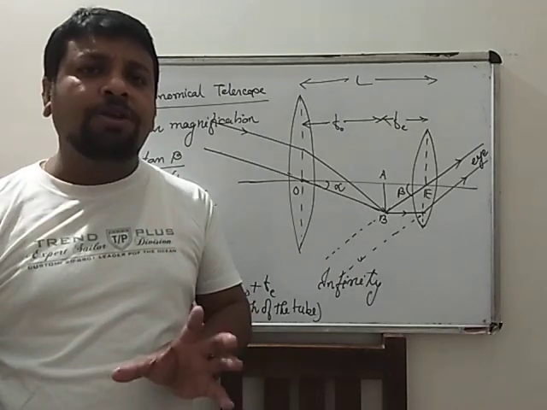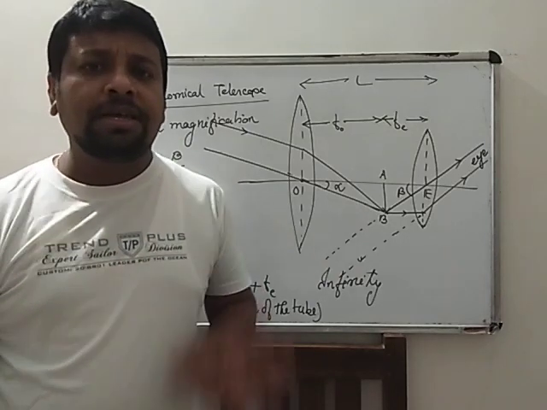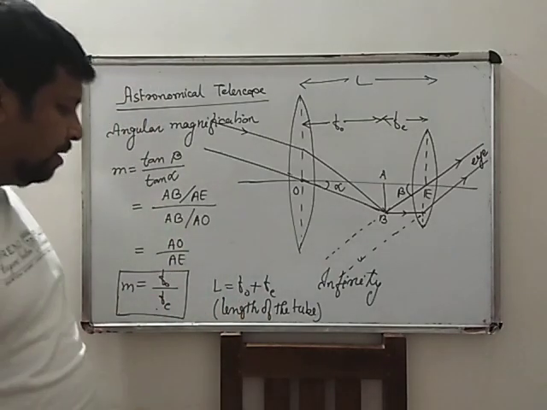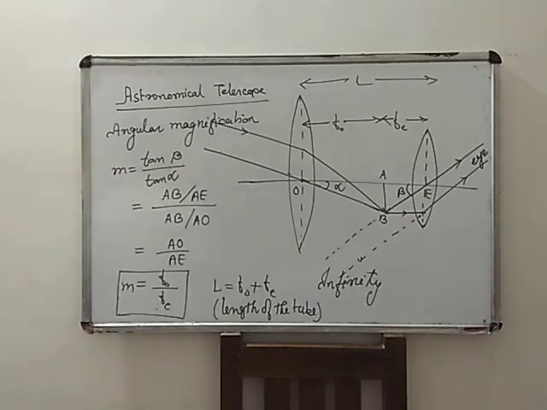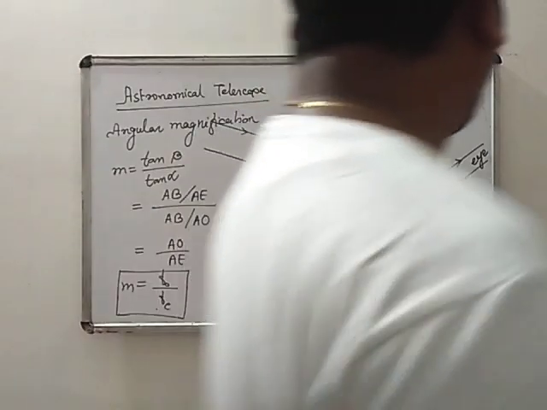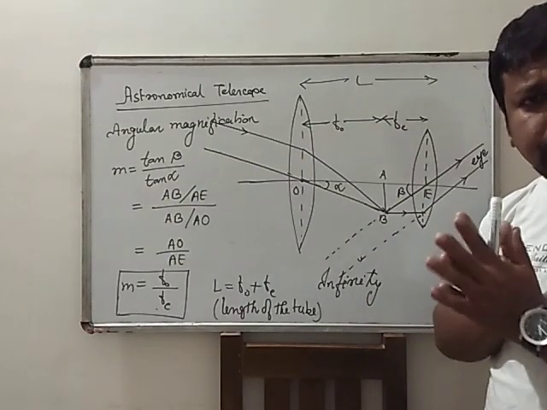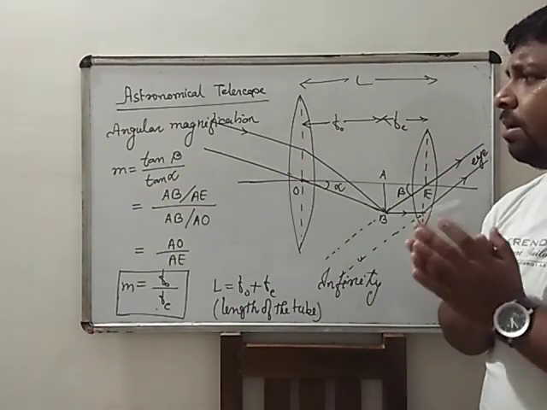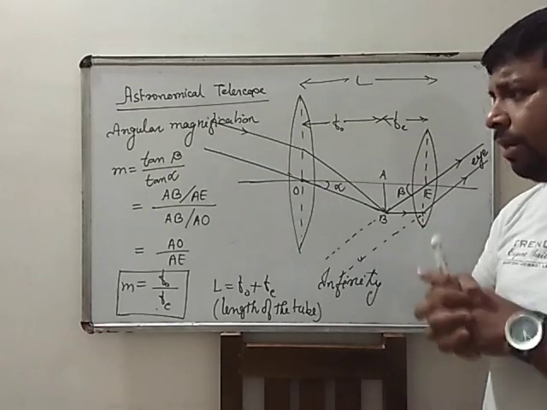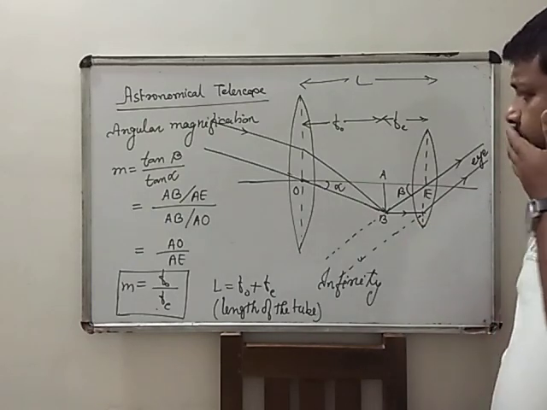That means the length of the telescope. So this is the magnifying power of an astronomical telescope in normal vision. Here distinct vision is not required.